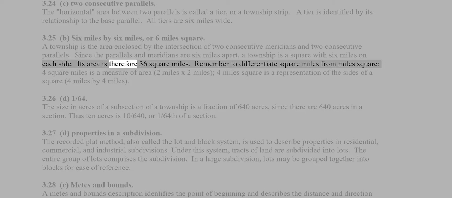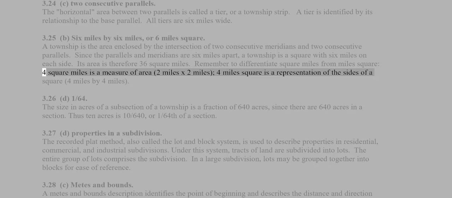Its area is therefore 36 square miles. Remember to differentiate square miles from miles square. 4 square miles is a measure of area, 2 miles by 2 miles. 4 miles square is a representation of the sides of a square, 4 miles by 4 miles.